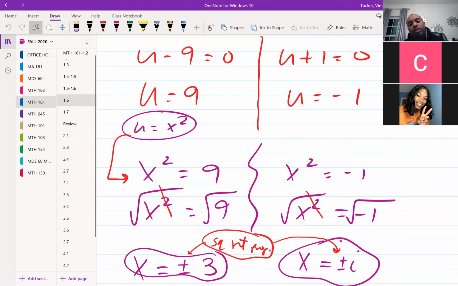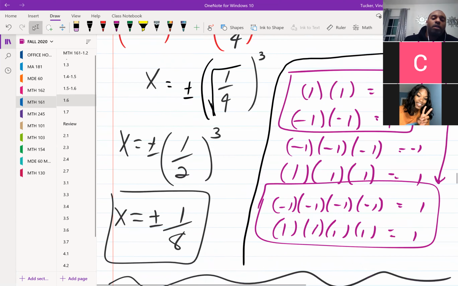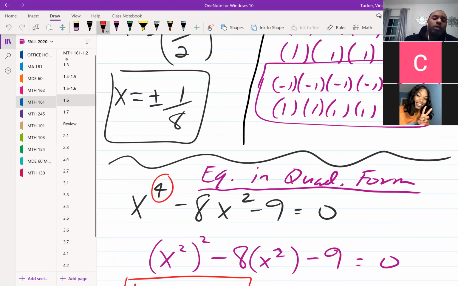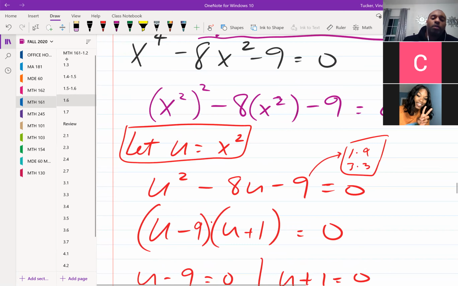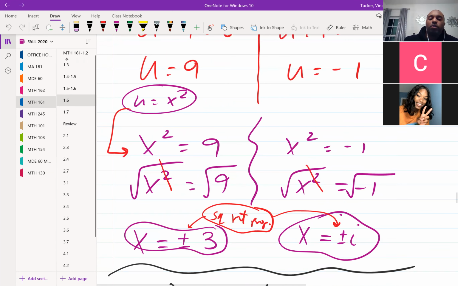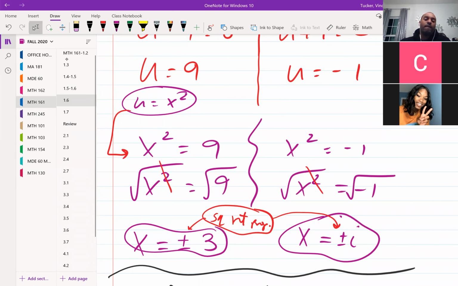Square root of 9 is plus or minus 3, and then the square root of negative 1 will be plus or minus i. Those will be your 4 solutions. And don't forget, going back here, 4 is our highest exponent. So we got our 4 solutions, even though 2 are imaginary.